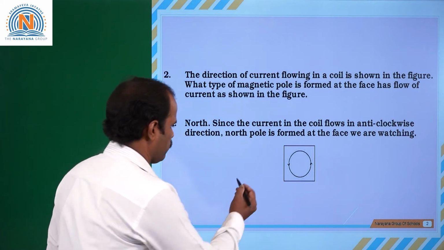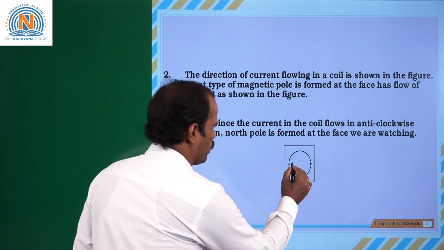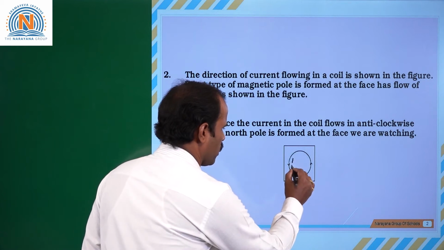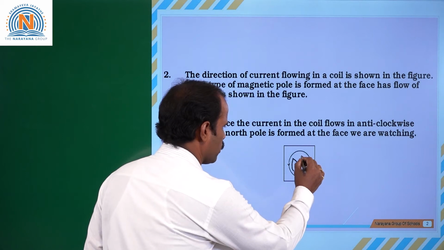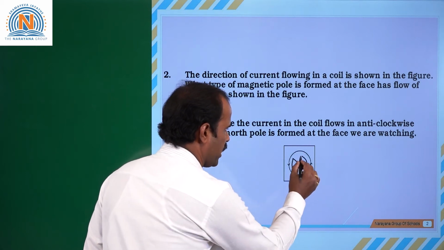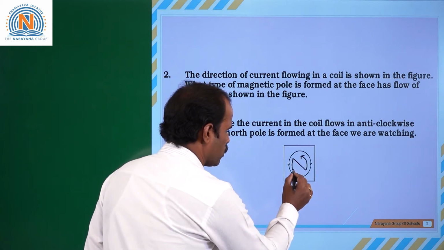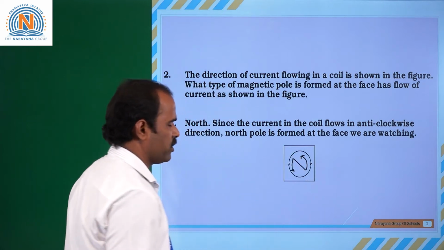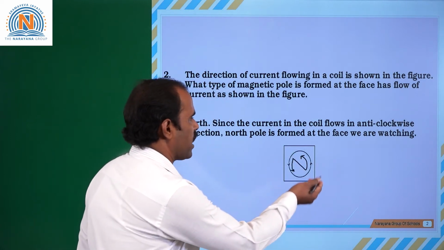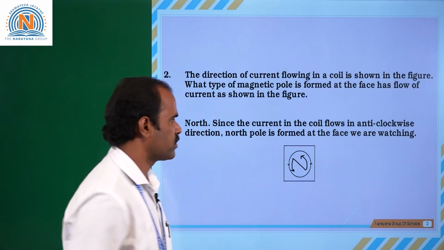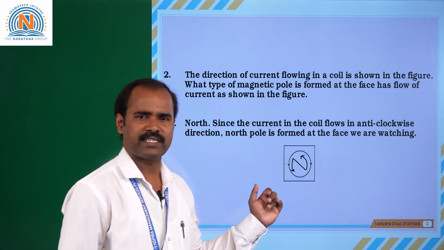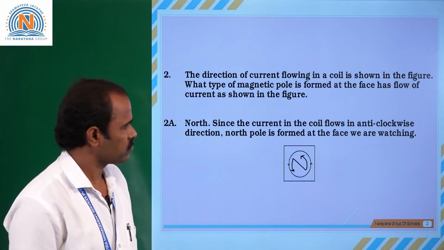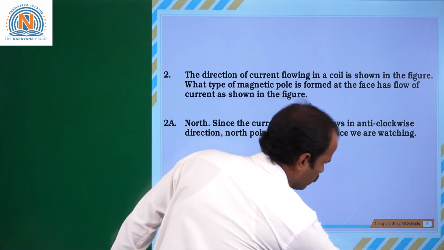In this figure, if you draw the letter N in it and give arrowheads at the end terminals, then that indicates anti-clockwise direction. Anti-clockwise direction, so that face of the coil acts as north pole. Next question.